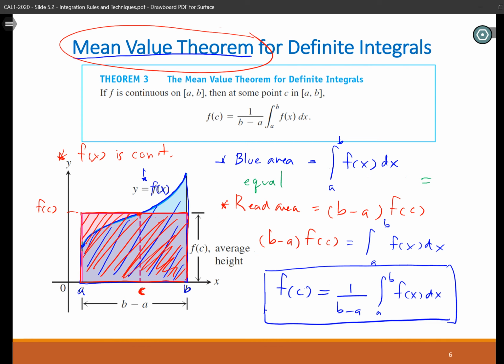Alright, so let me erase this slide because I have to use some space here. So I hope you saved this, and I'm going to erase this. This is about the use of this theorem.